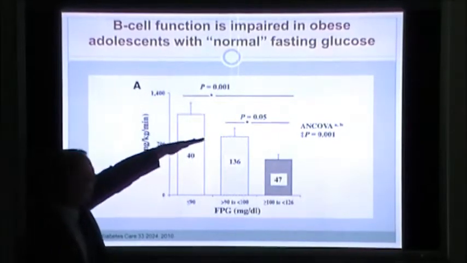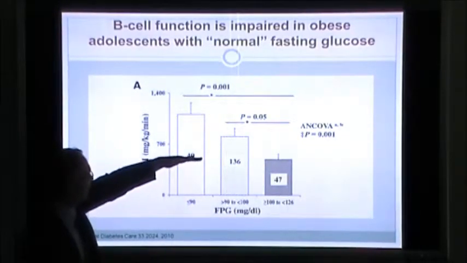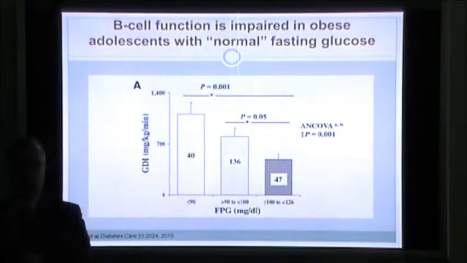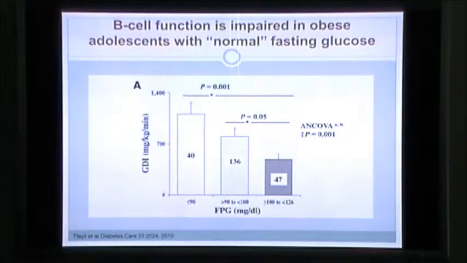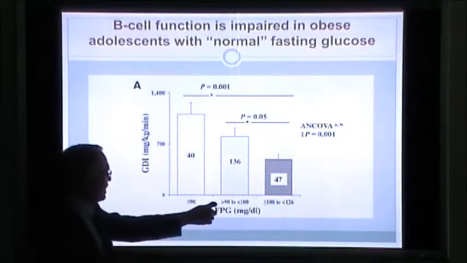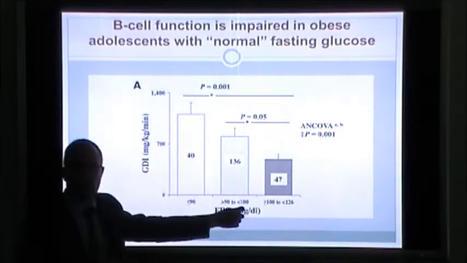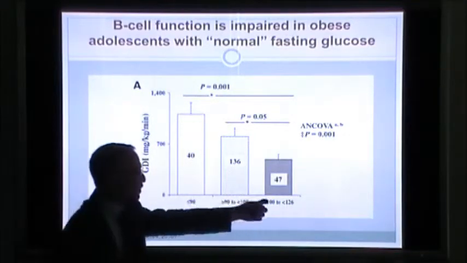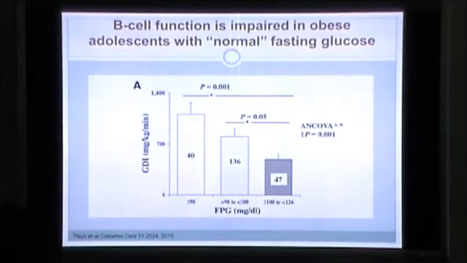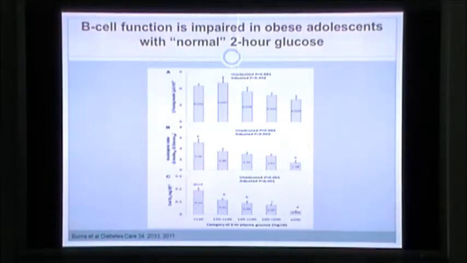So there is a decrease in insulin secretion relative to sensitivity, even when you get to fasting blood sugars of 90 to 100, and certainly when you get into the impaired fasting glucose range.